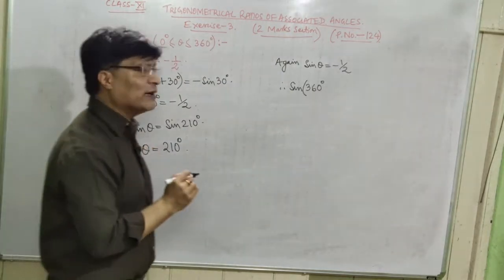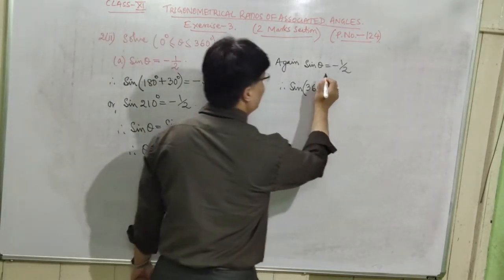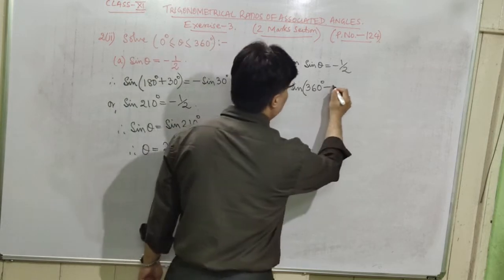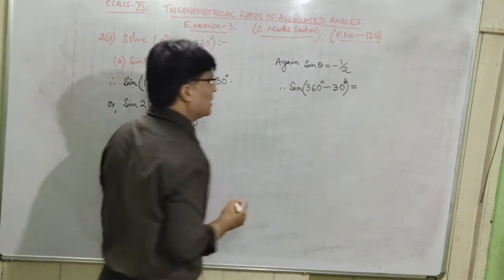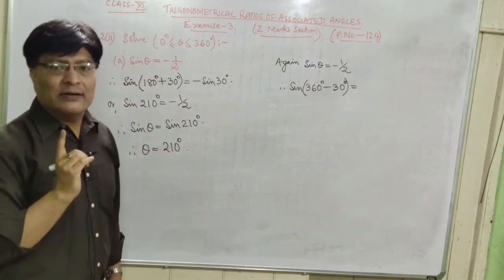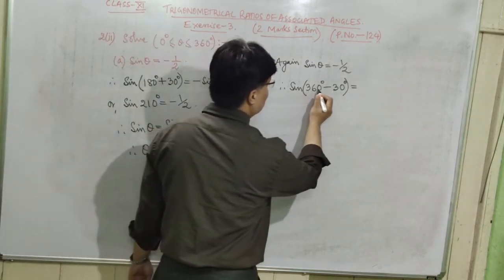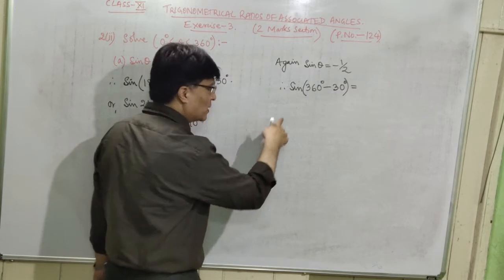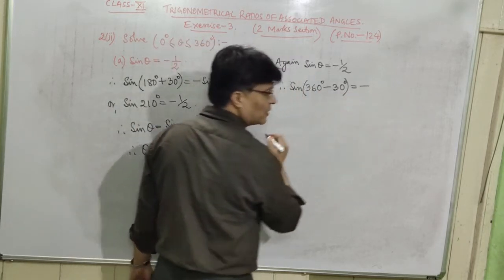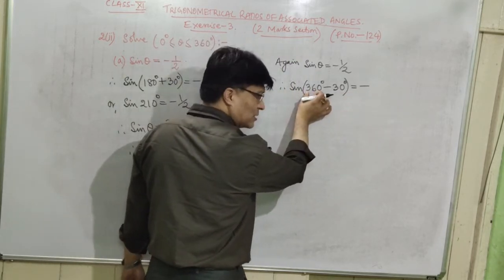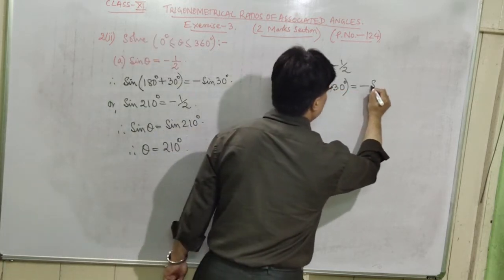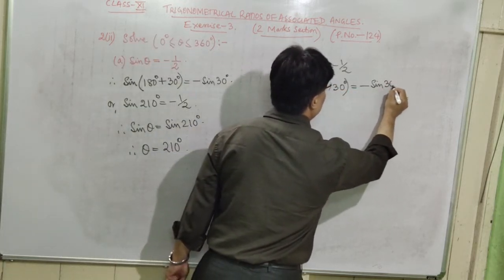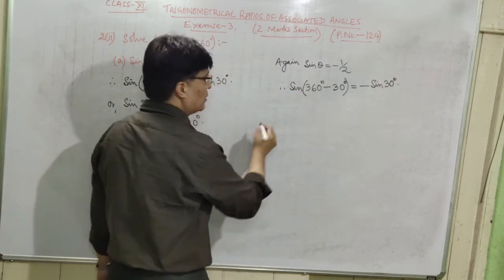Now sine of which angle is half? It is 30 degree, you know that. So which is equal to, on the right hand side you have to write down the formula now. So 360 minus 30 degree lies in the fourth quadrant. In the fourth quadrant, sine is always negative, and since this 360 degree is the even multiple of 90, sine remains as it is, that is sine 30 degree, right?